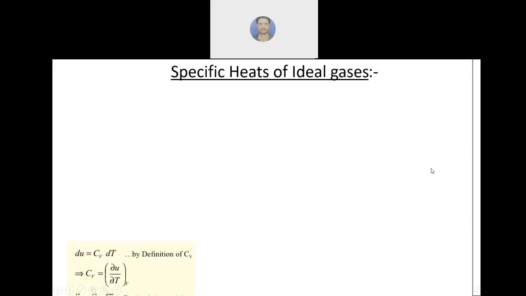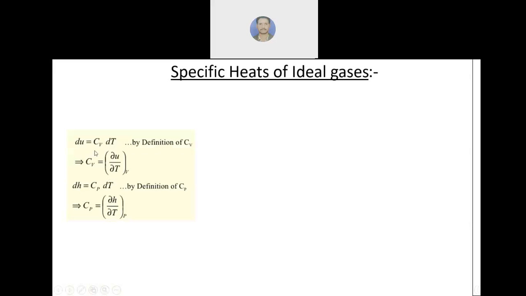Now for ideal gases, du. du is the internal energy, another important property. du represents change in internal energy. This is nothing but Cv dT.